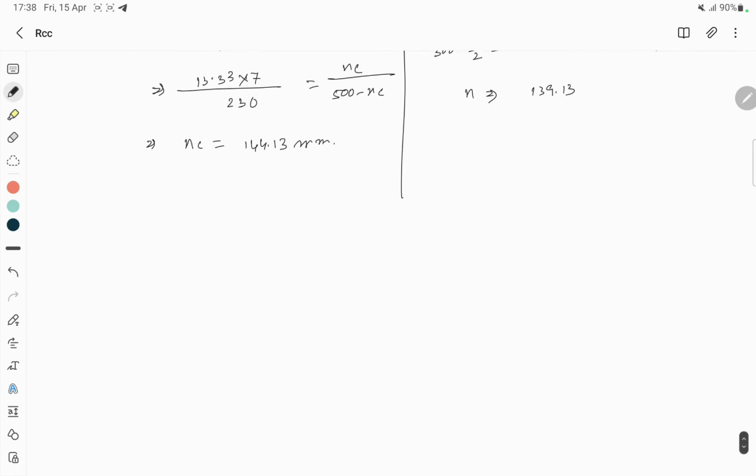So the actual neutral axis is less than the neutral axis of the balanced section, so that means it is an under reinforced section.